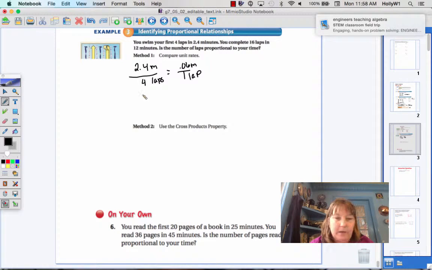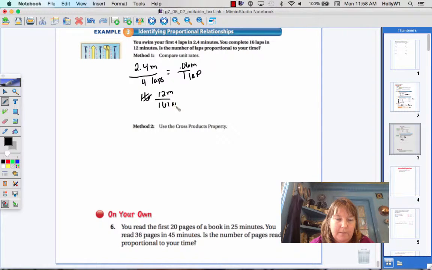And if I compare this 12 minutes to 16 laps, and that turns out the unit rate is 0.75 minutes over 1 lap.